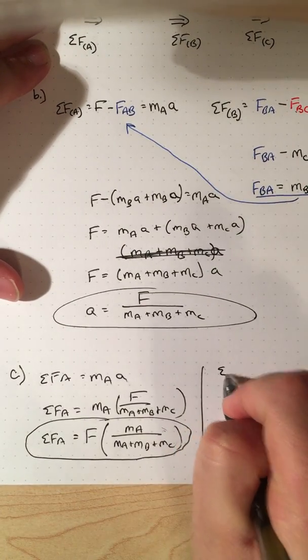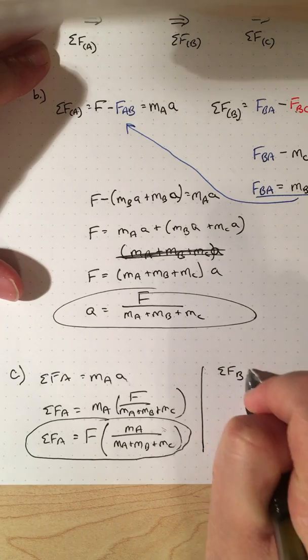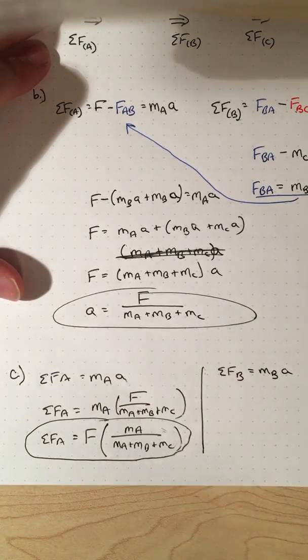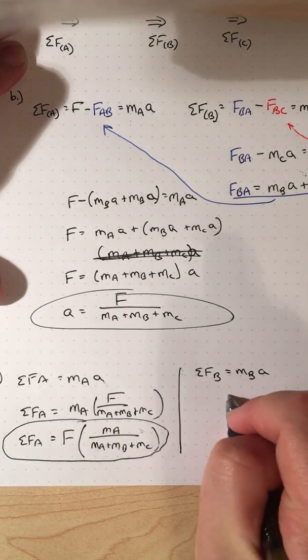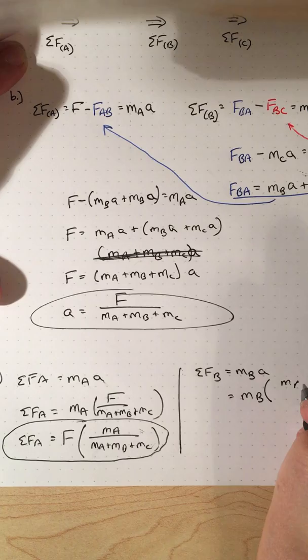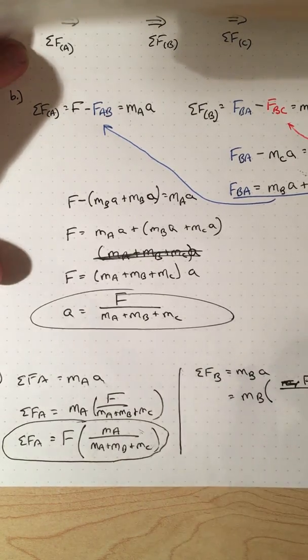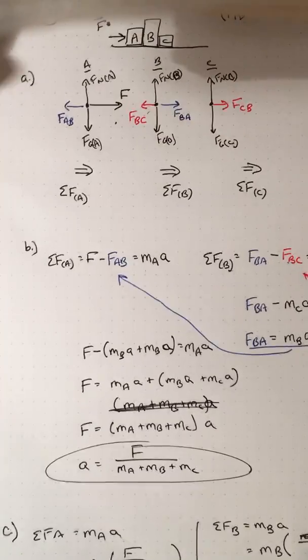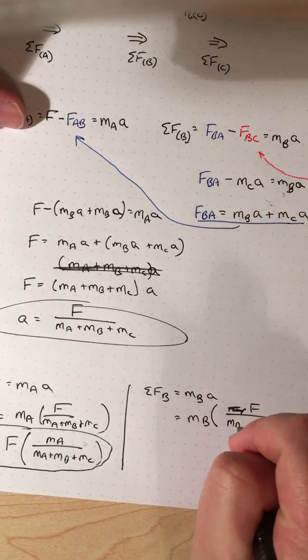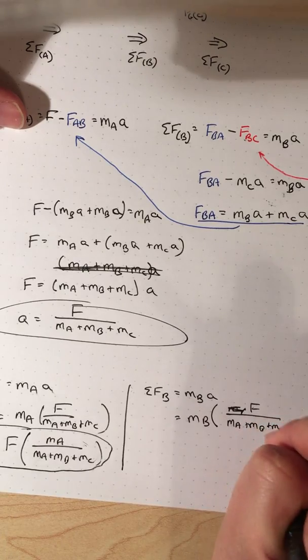We can say that the sum of the forces on B is MB times A. And again, we know that A is F divided by MA plus MB plus MC.